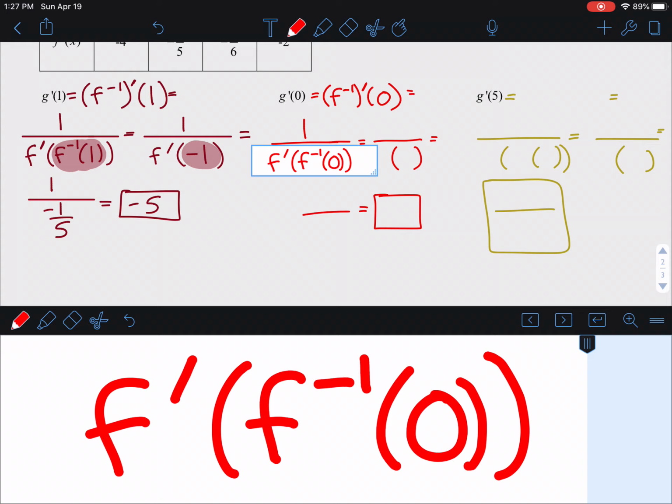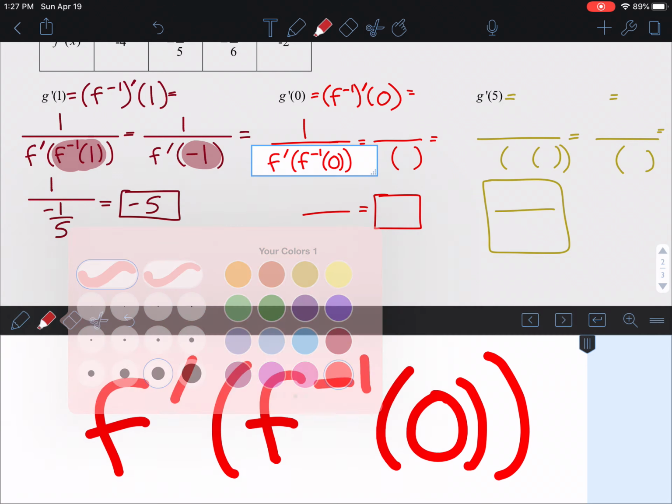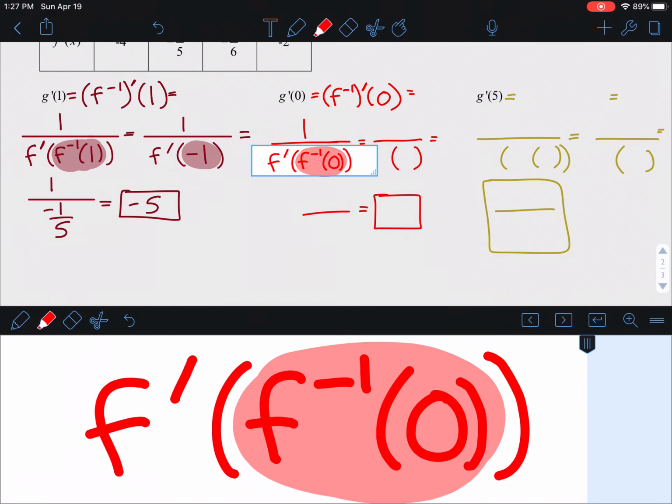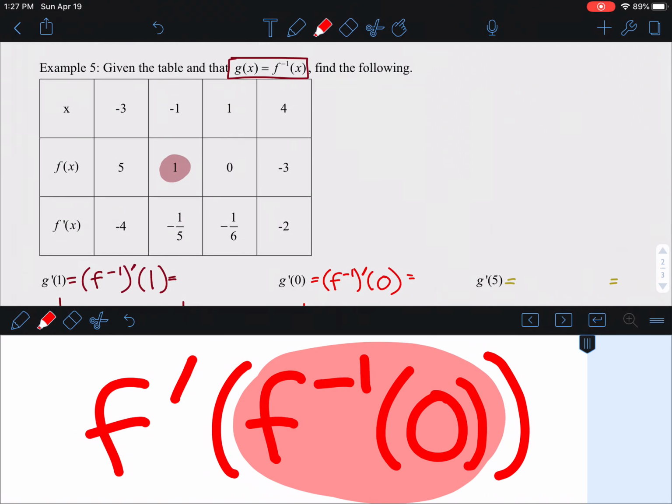Okay, and a really common mistake people make with the formula is that they flip around the F prime and the F inverse. They go F inverse of F prime of 0, right? That's going to lead you down the wrong path. Okay, so what is F inverse of 0 going to be? So we look back at our table, right?